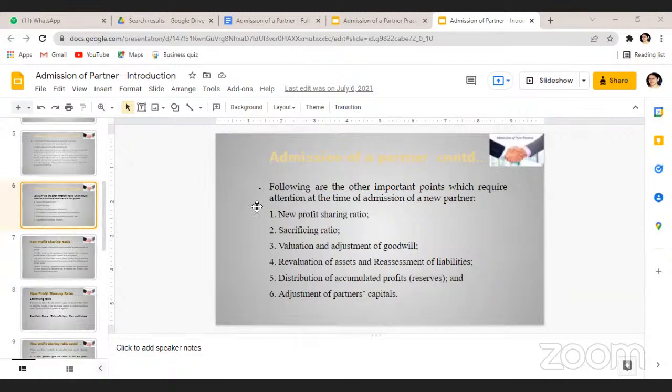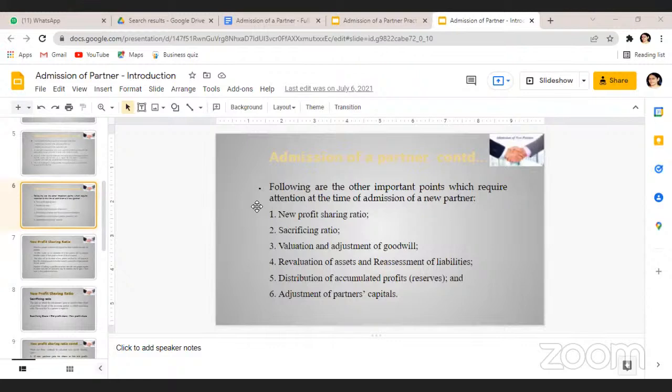I'll repeat once again. Admission of a partner is one of the important topics from the examination point of view in partnership accounts. When you are asked to prepare partnership accounts when a new partner is admitted, the accounting treatment involves this: say A, B, C are partners and they want to admit D, a new partner. Then their profit sharing ratios change.